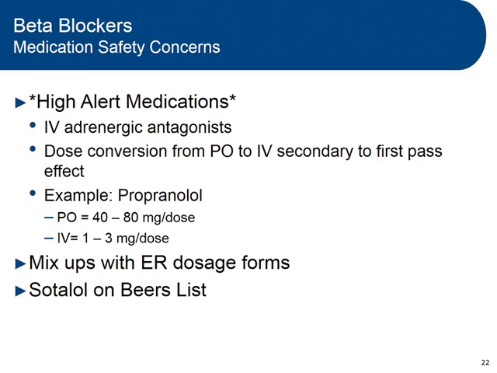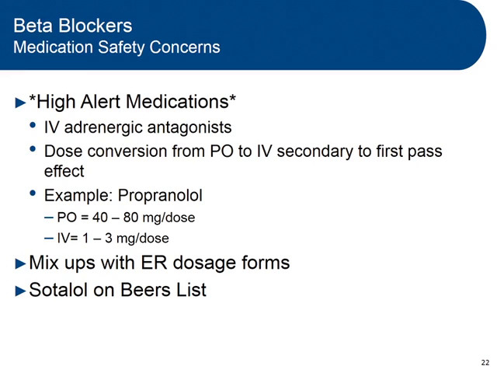Other safety concerns, not necessarily why they're high alert, but other safety concerns: mix-ups with the ER dosage form. There are lots of different extended release dosage forms for these products, and they sometimes get confused with the immediate release. If you give the extended release product 3 times a day when you meant to give the immediate release product, think about the fact that you're giving that patient a 3-fold overdose, and that is probably going to harm them.